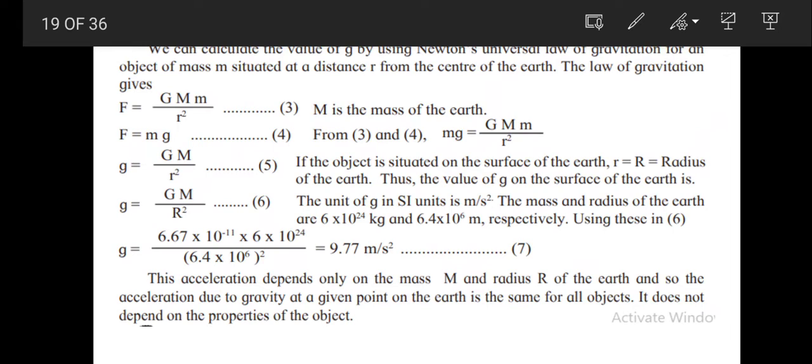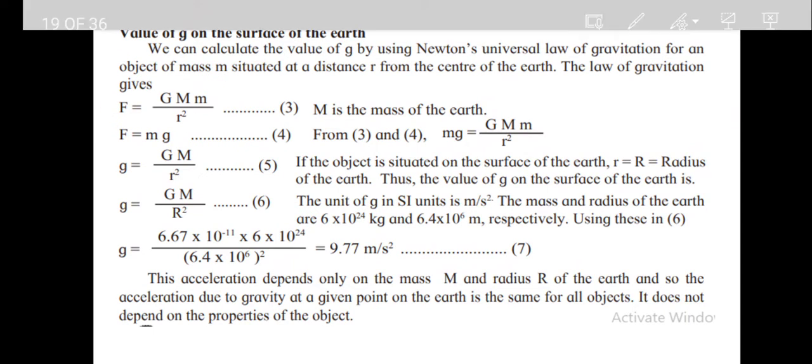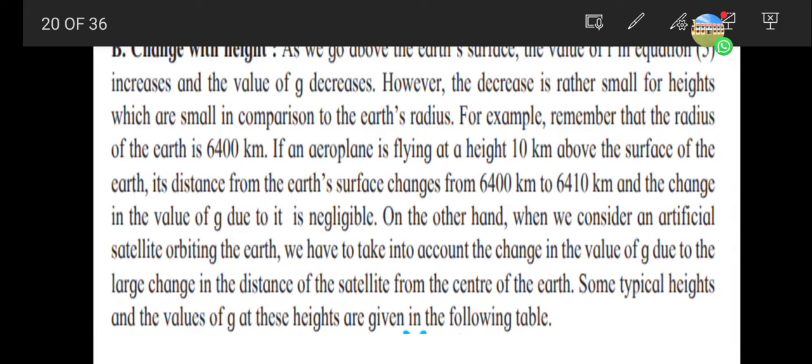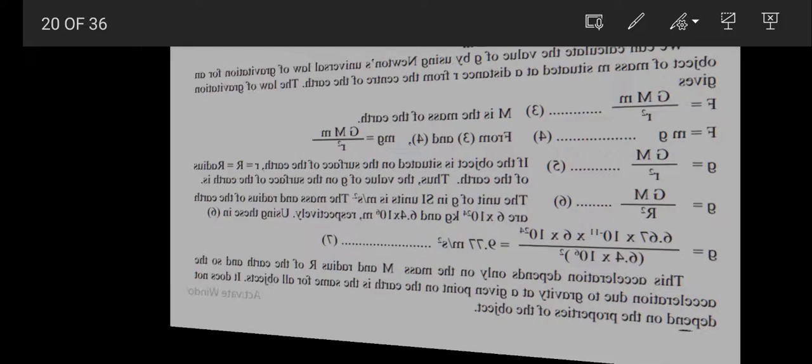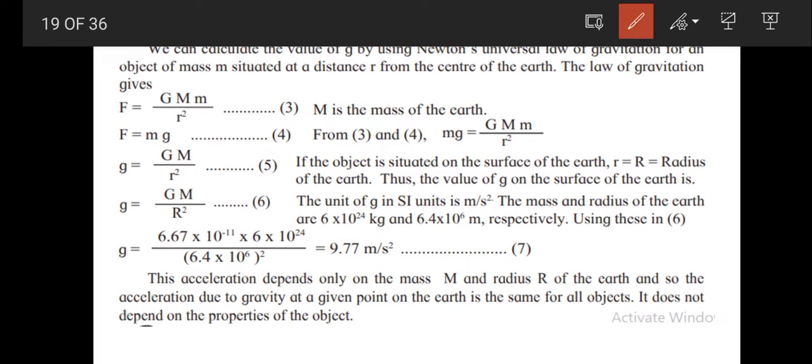Firstly you have to write the expression F = GMm/r². Here G is the gravitational constant, M is the mass of the earth, small m is the mass of the object, and r is the radius. Now F = mg, so you have to put g = GM/r². How is it obtained? You just rearrange that side, so it gives g = GM/r².